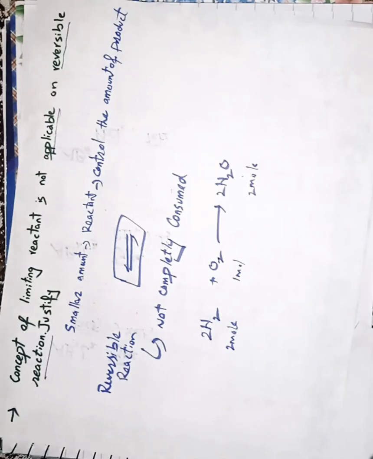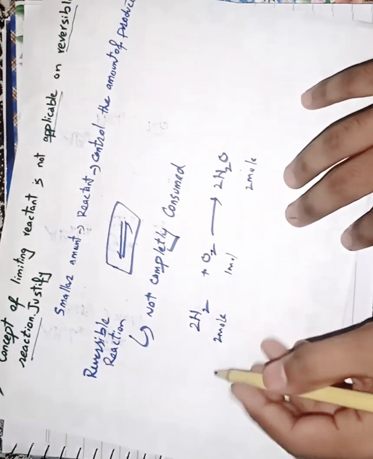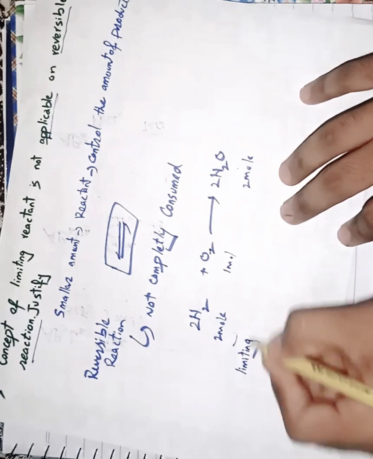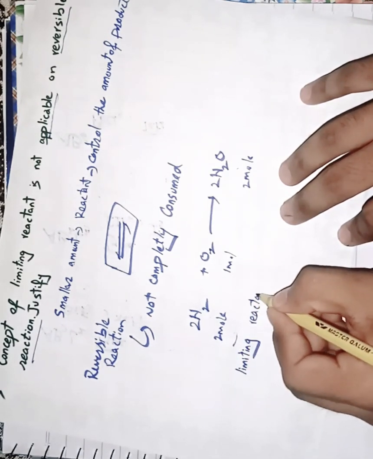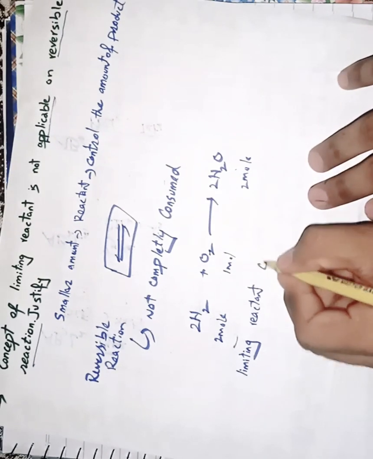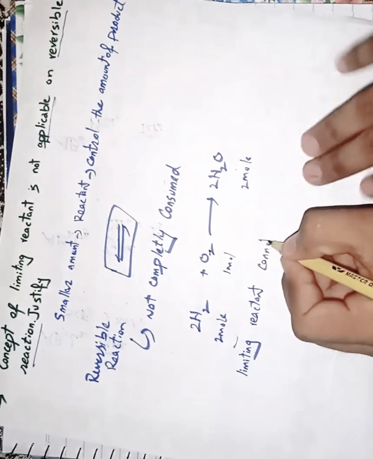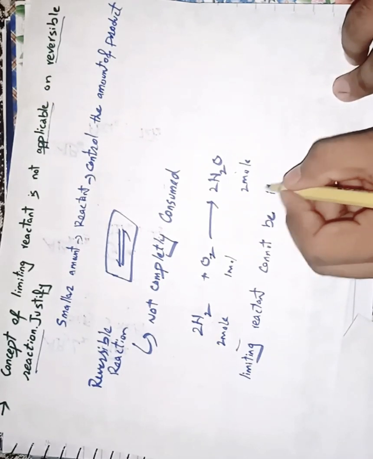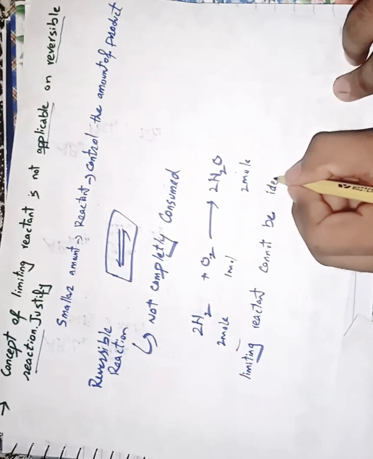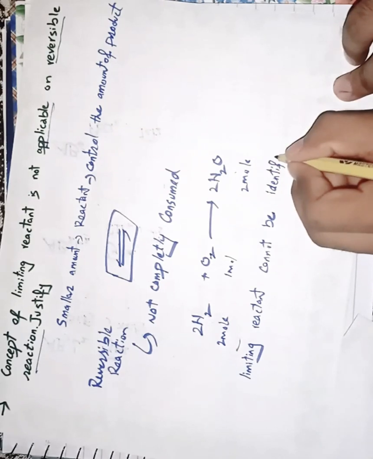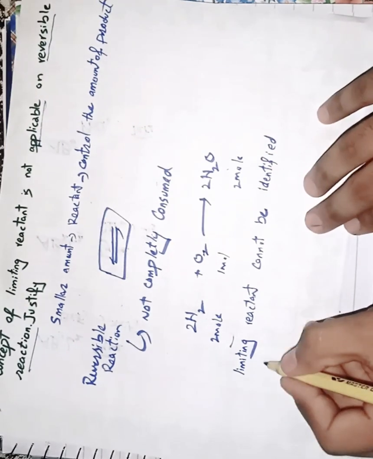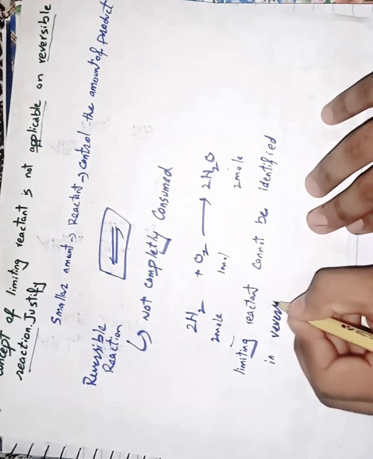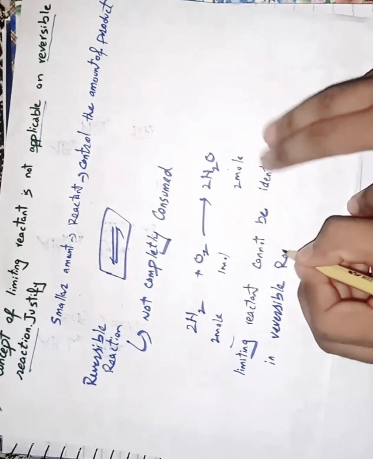So we can say the limiting reactant cannot be identified in reversible reactions.